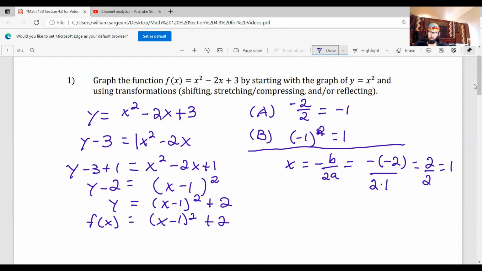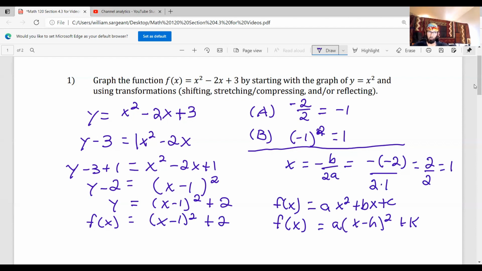By completing the square, I put the quadratic function in this form, having started with this form. And the a is the same, the coefficient of x squared, in this case 1, although it's not written.